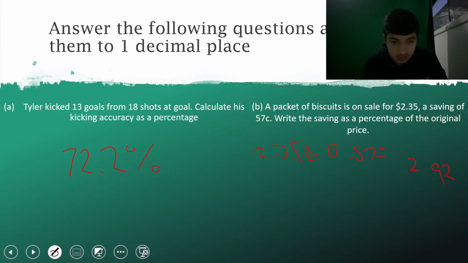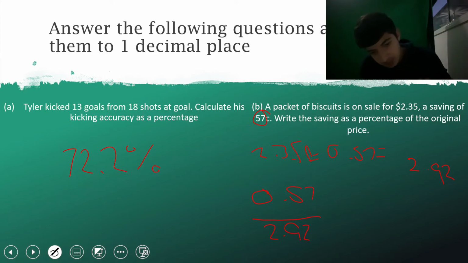All right, so now we have the money. What we do now is put the saving as a fraction. We put 0.57 over 2.92, because 2.92 is the original price, so it goes underneath, and 0.57 is the saving, so it goes on top.